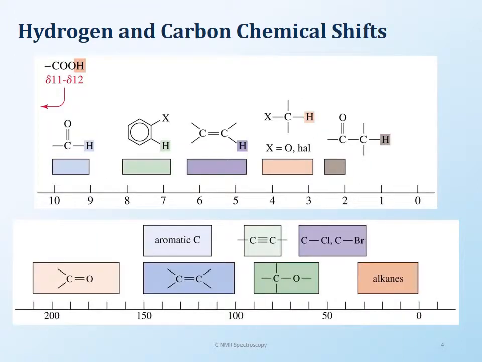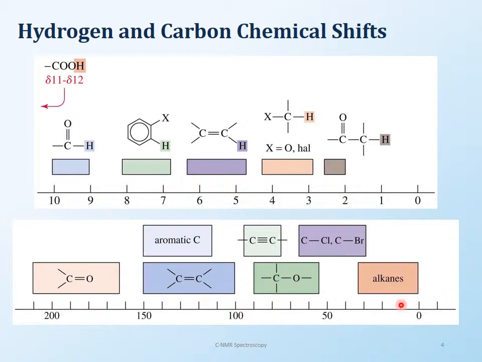Here is a comparison of the hydrogen and carbon chemical shifts, and you will see some patterns over here. The scale is from 0 to 10 for proton. It's from 0 to about 200, 220 for carbon 13. The aromatics come around 7 for proton NMRs, and the aromatics again come around 150. So they're kind of right below each other when you think about where the chemical shift might be.